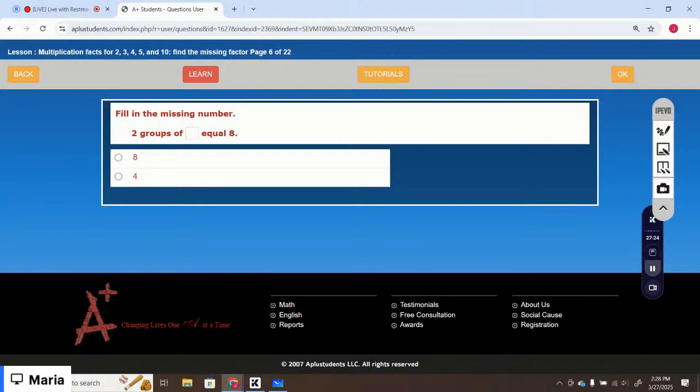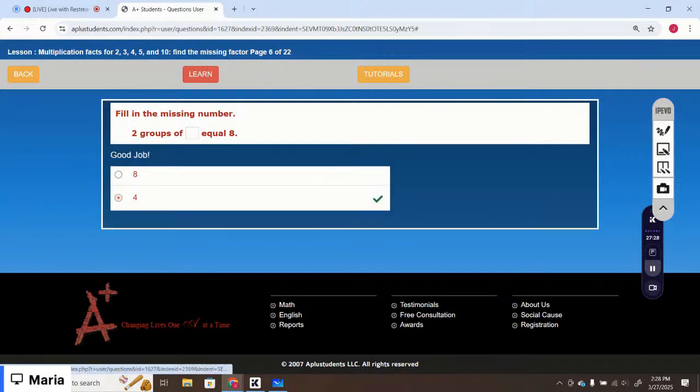Two groups of 4 equals 8. 2 times 4 is 8. Option number 2 is the correct option.